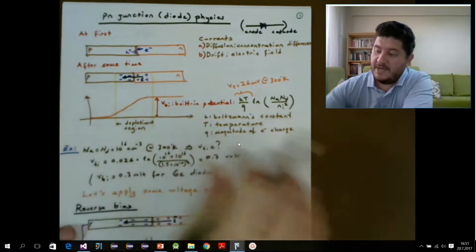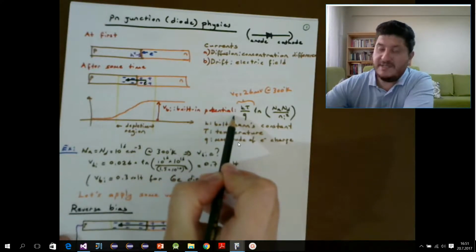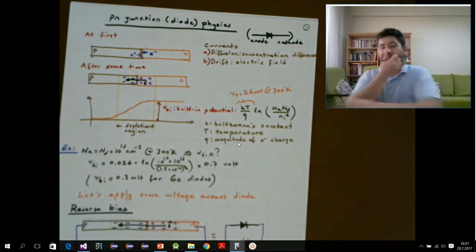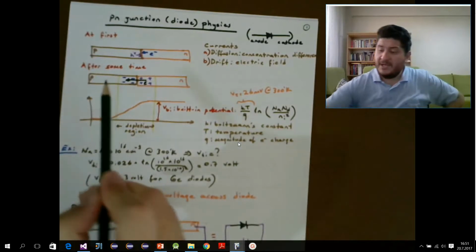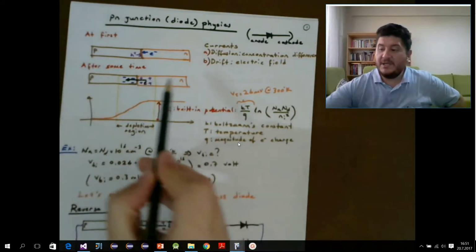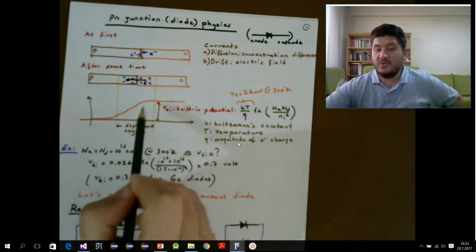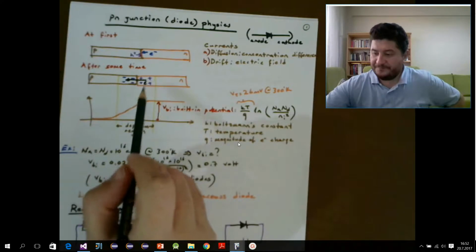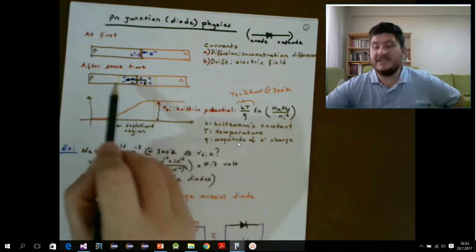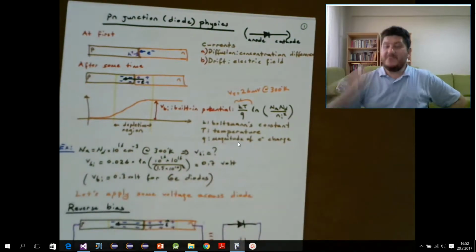Okay, now this built-in potential is affected by a number of factors. First of all, how many acceptors in the P side there are, and how many donors there are in the N side, and what is the number of free electrons in the intrinsic semiconductor, that is Ni, and the temperature.